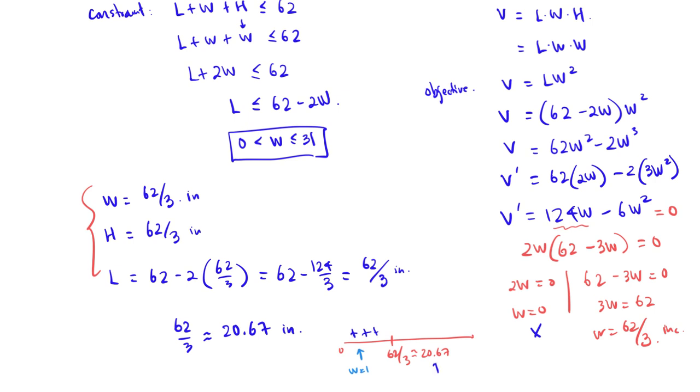Pick any number after 20.67, such as W equals 21. Plugging this into the first derivative, we see that the derivative is negative. What this means is that the volume is increasing and then decreasing, giving us the maximum value at W equals 62 over 3.